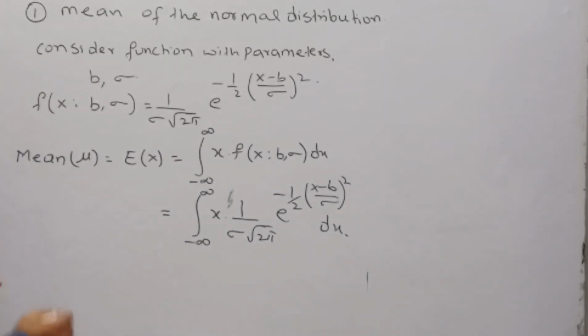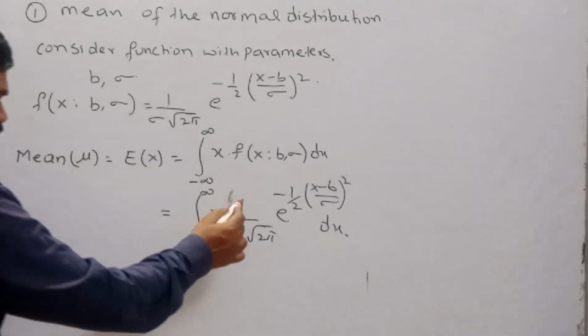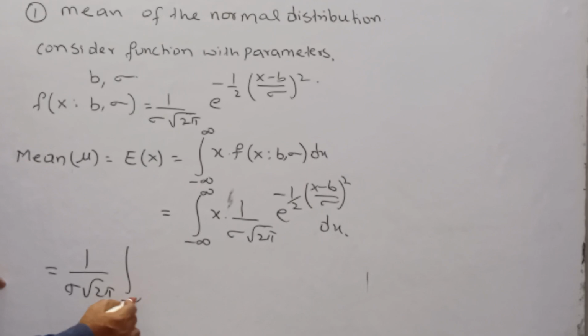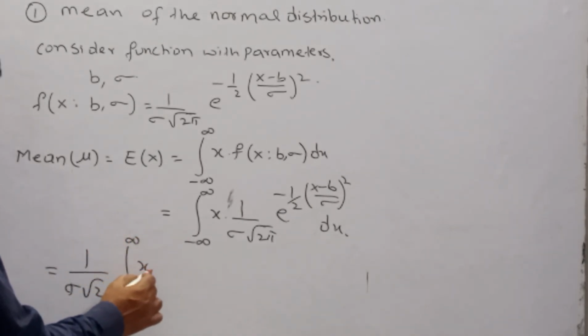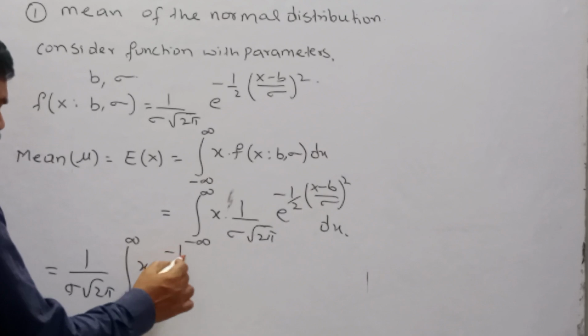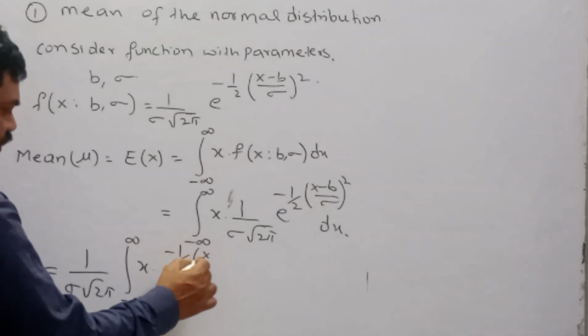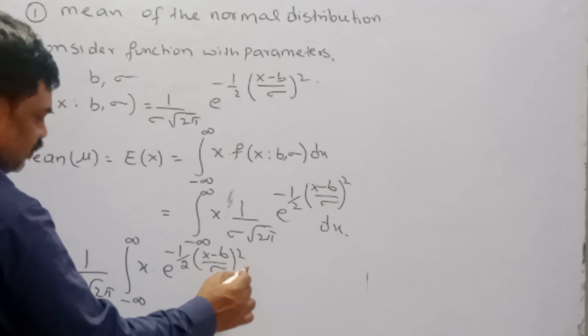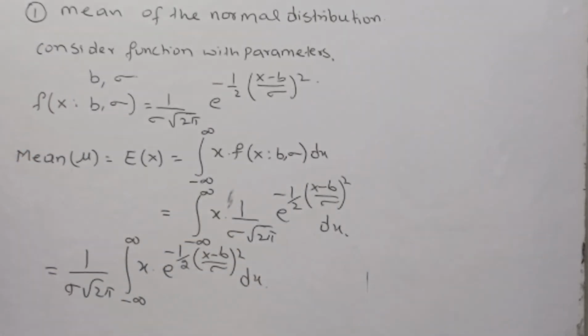Okay, all of you. So you can take the constant common, 1 by sigma root 2 pi, integral minus infinity to plus infinity x into e power minus 1 by 2 of x minus b by sigma whole square into dx.